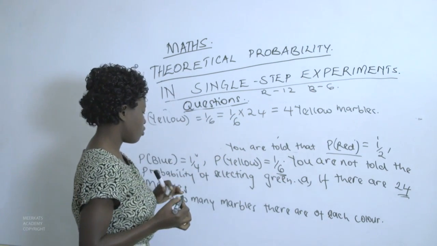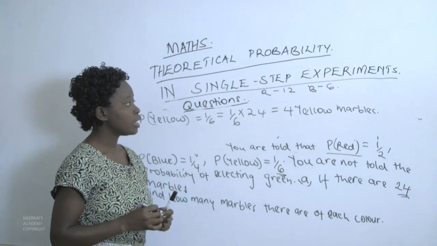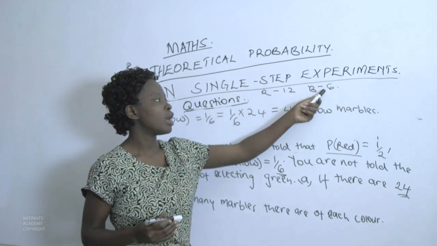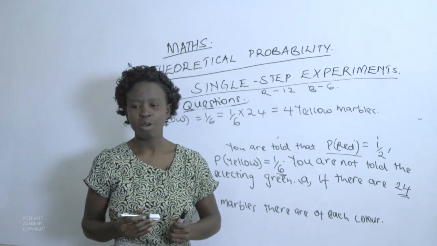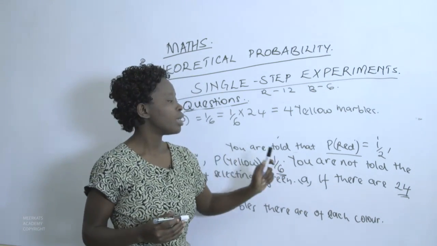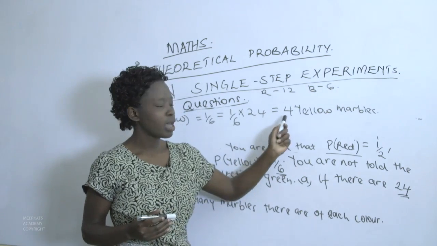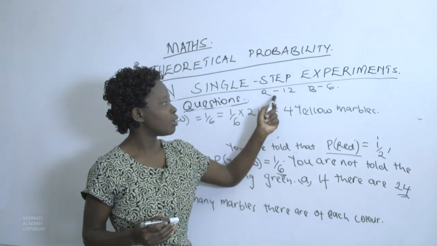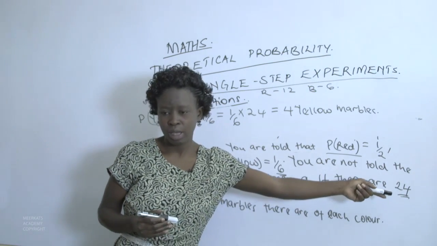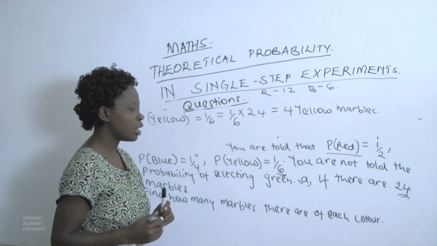So we've not been given the probability of selecting a green marble, but we already have all the other marbles. Red are 12, blue are 6, yellow we have 4. So what does it mean? If the total number of marbles is 24, then if we add these up and subtract from the total number of marbles in that given bag, they will give us the number of green marbles.